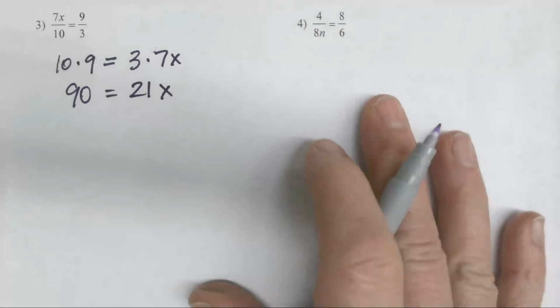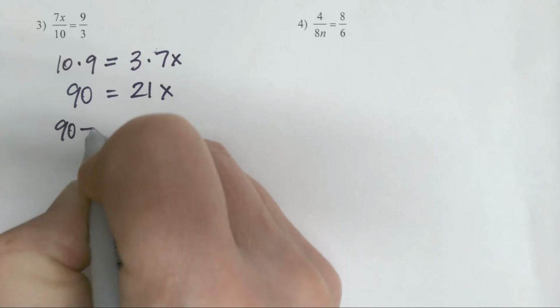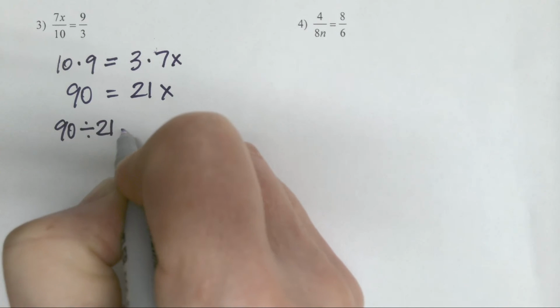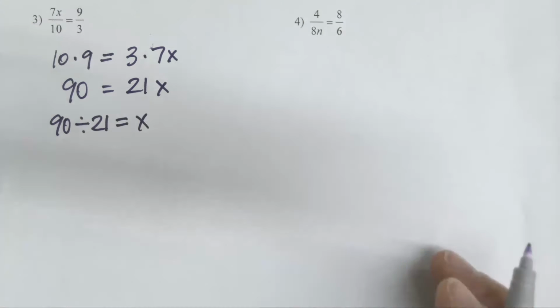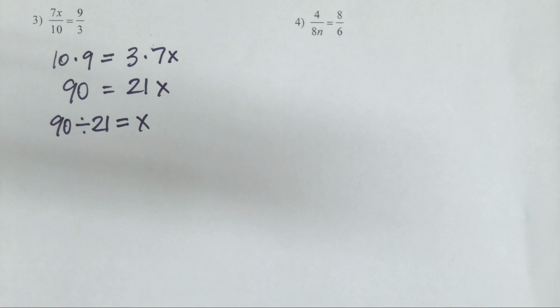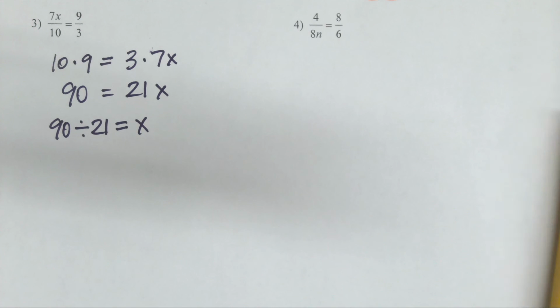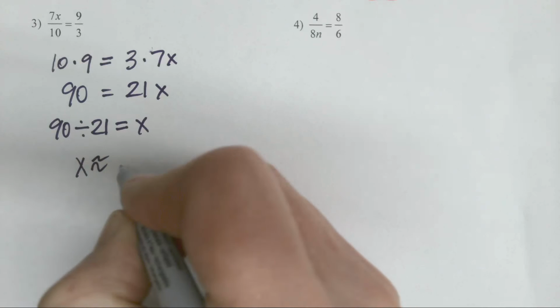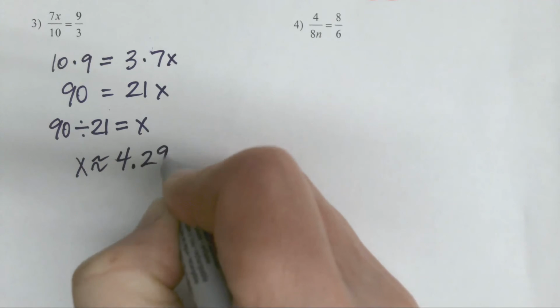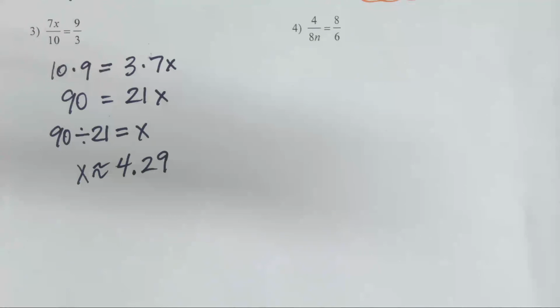I would end up just doing 90 divided by 21 to get my value of x. I need a calculator to do that, so I'll pull out my calculator. 90 divided by 21, just plugging it in, I get 4.28571. So x is roughly 4.29-ish. Two numbers after the decimal is good enough.